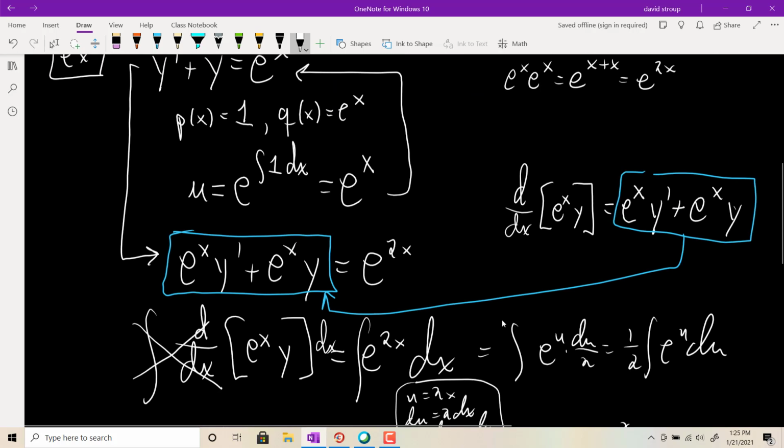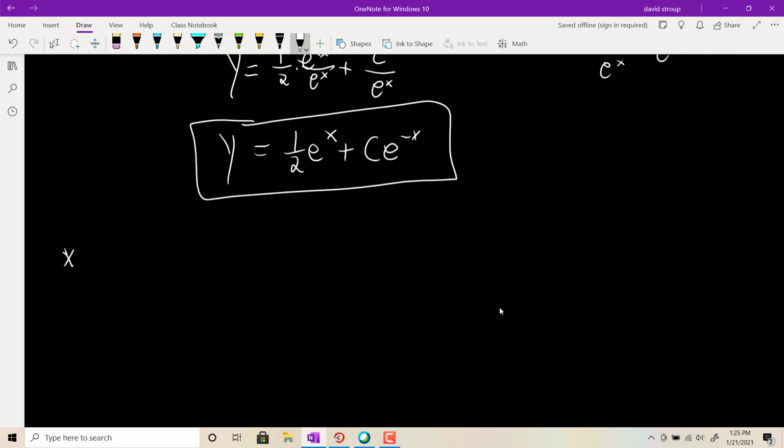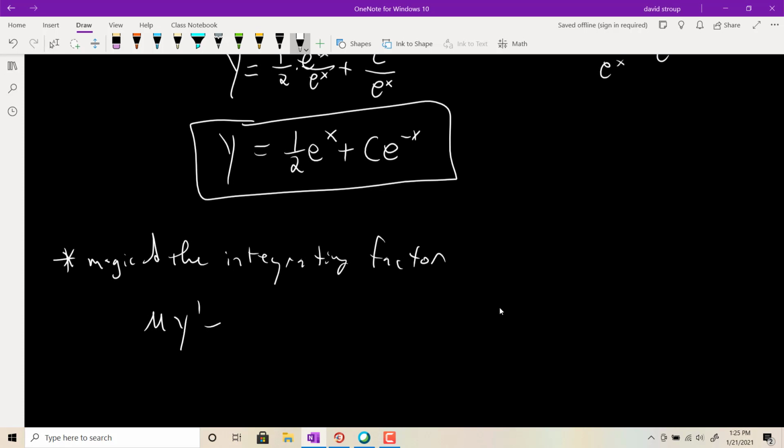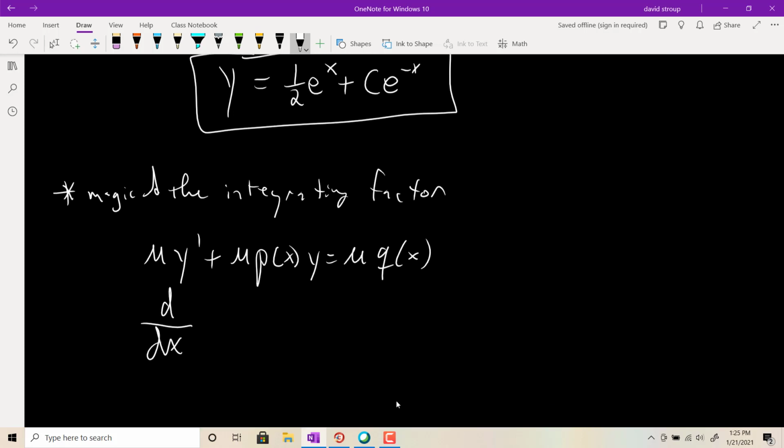So the magic of the integrating factor is that once you multiply through your original form by mu, so you'd have mu y prime plus mu times p of x y equals mu times q of x, you can collapse that left-hand side, and it will always work, into the derivative with respect to x of mu times y.